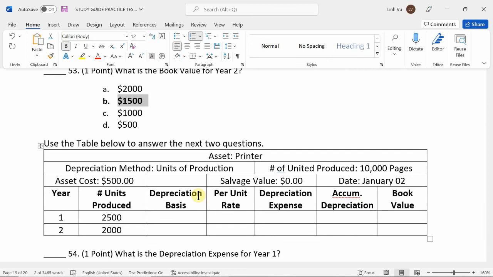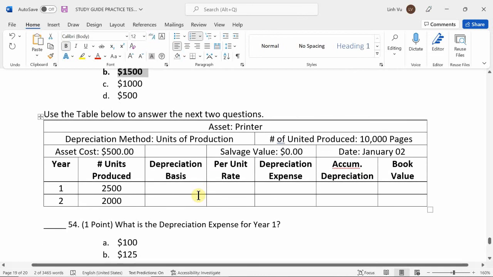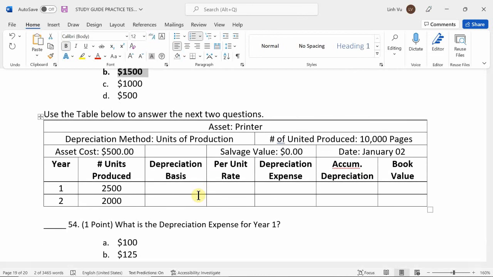Use the table below to answer the next two questions. This time you have a printer, and the depreciation method that you're going to be using is units of production. The asset cost was $500. Salvage value is 0. The number of units that you can produce is 10,000 pages.